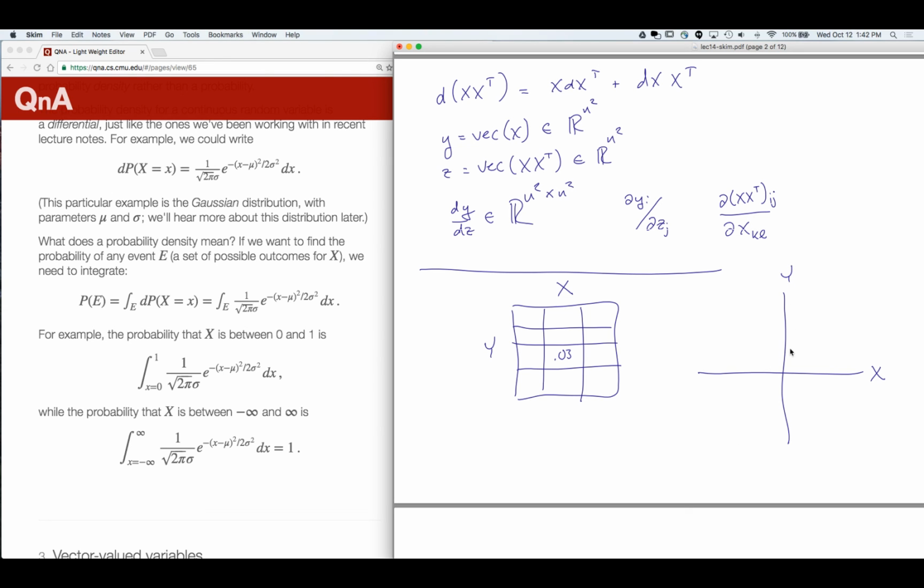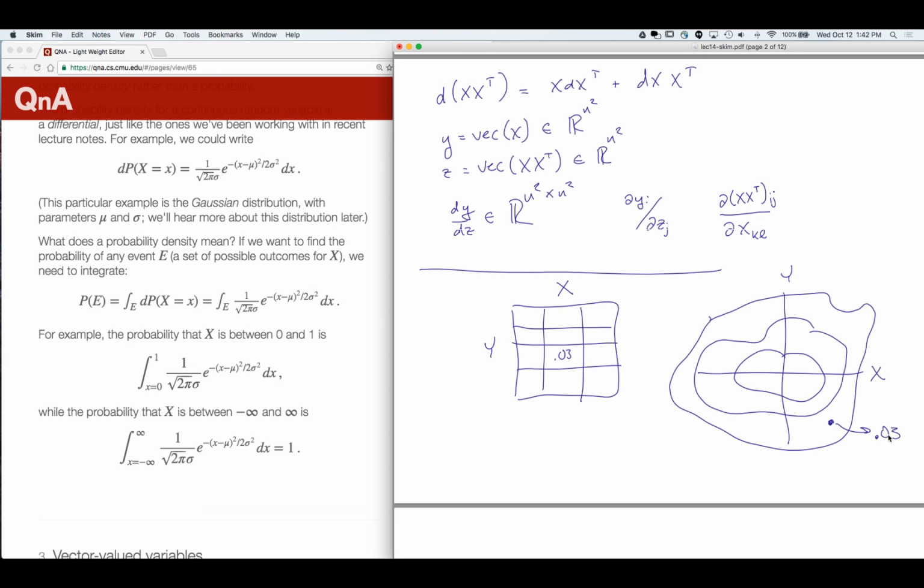I'll draw a contour plot of that function. If you evaluate it at some particular point, it'll be some number like 0.03. And so this two-dimensional function is exactly analogous to this two-dimensional probability table. The only difference is that there are infinitely many settings for x across the horizontal axis and infinitely many settings for y across the vertical axis.